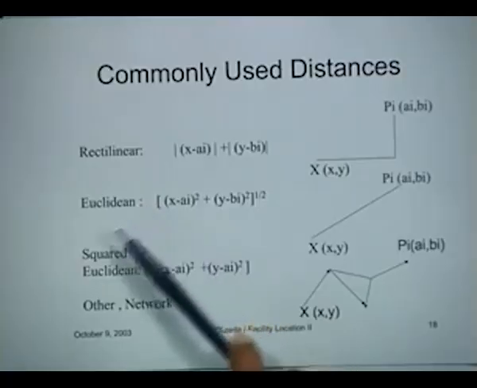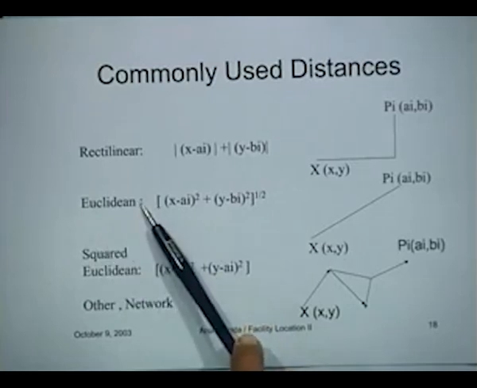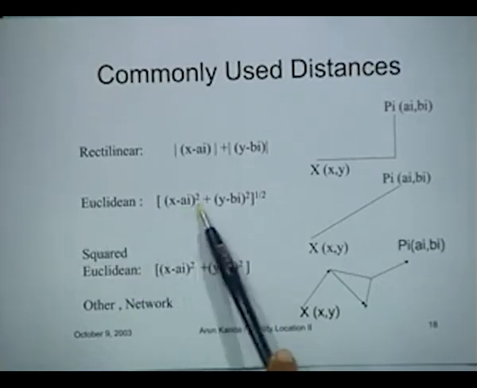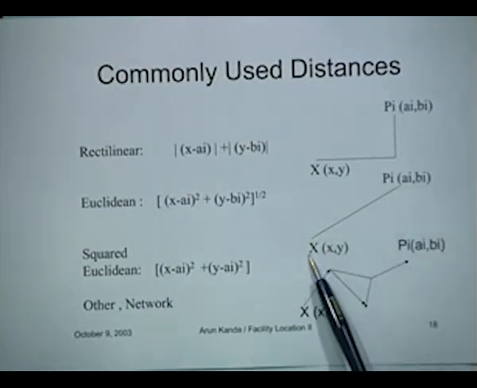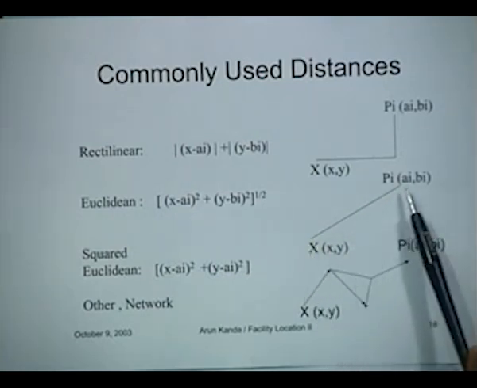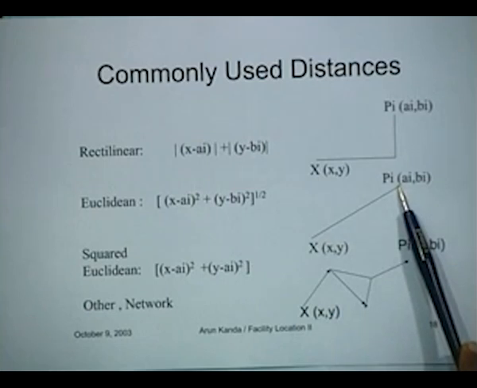The next important distance that we consider is what we call the Euclidean distance measure. The Euclidean distance is the shortest distance between 2 points. This is the Euclidean distance from the point x which you want to determine to the existing facility Pi, (ai, bi).